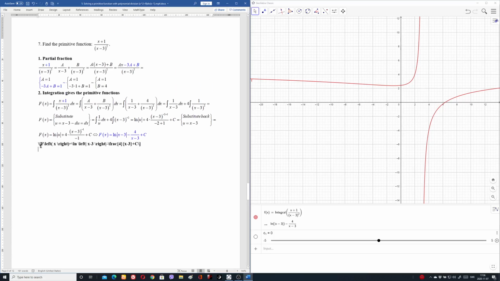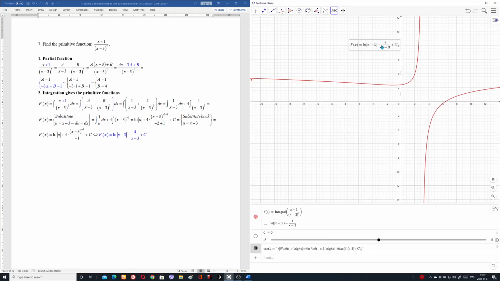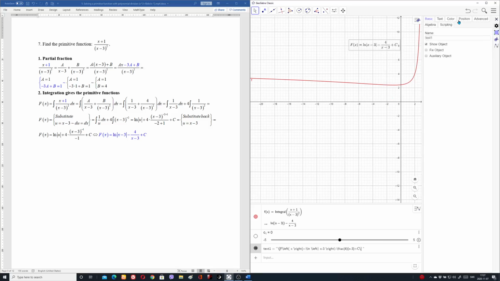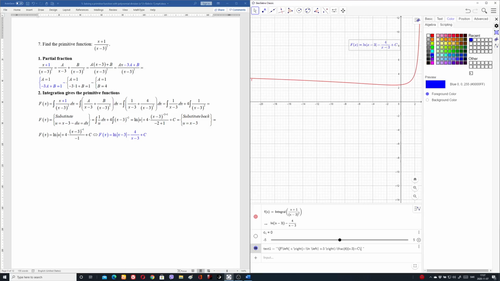I will put in this primitive function here, text, and I'm clicking here and I'm putting this equation. I hit OK. Let me change the color of this equation here. GeoGebra is a very good program, I promise you. Settings. I will go to the color. I will put this. Yeah, we change color to this one here. Very much better.